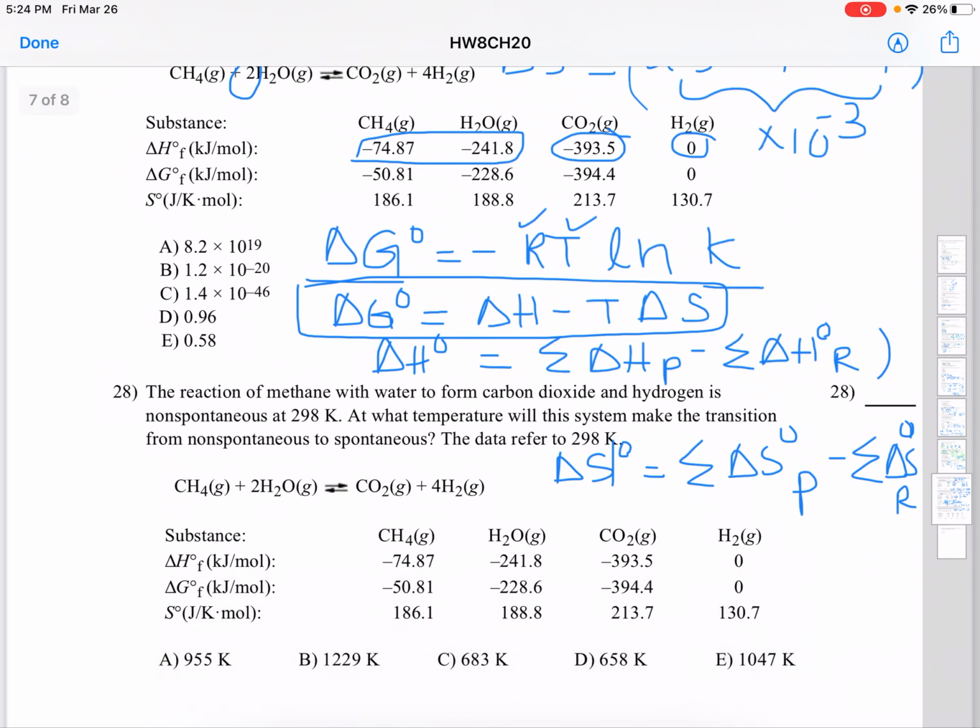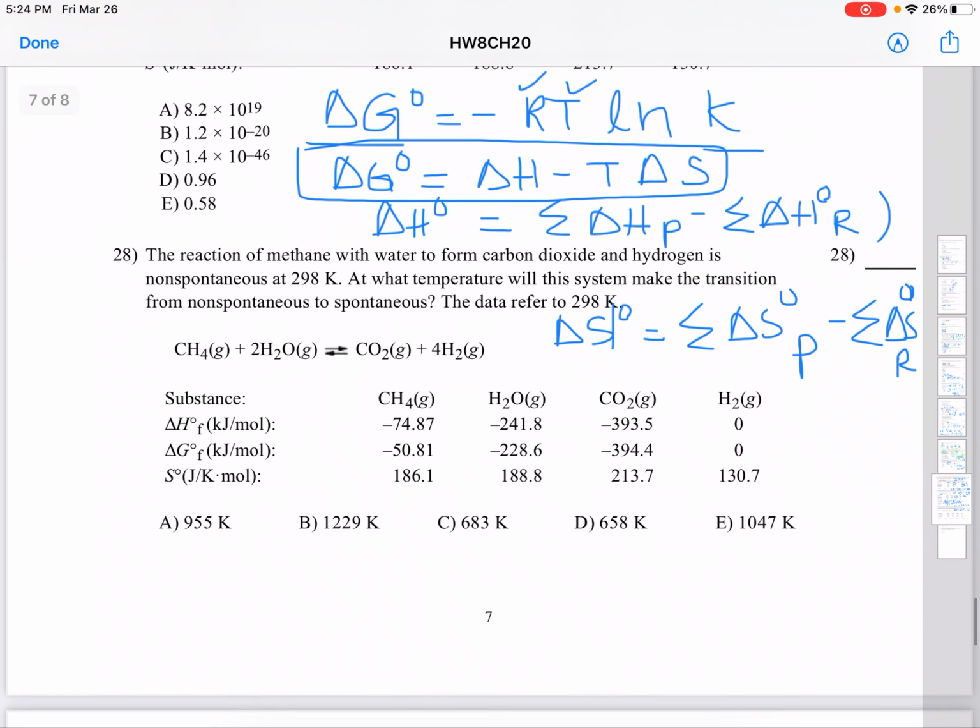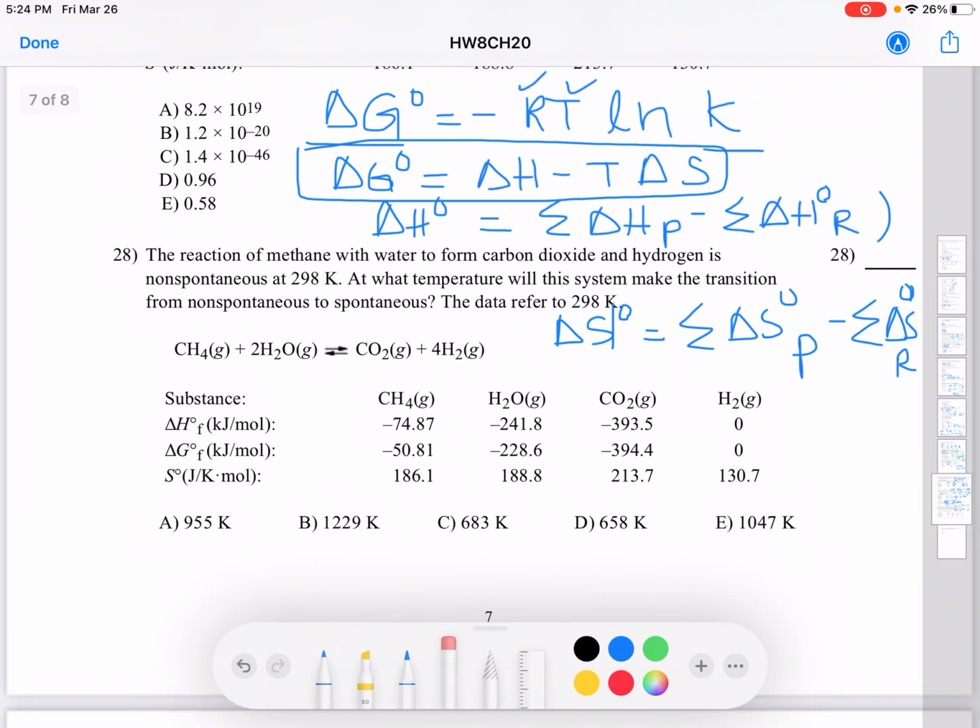you can use that with the equation delta G naught equals minus RT ln K. So then the ln K would be delta G naught over RT.